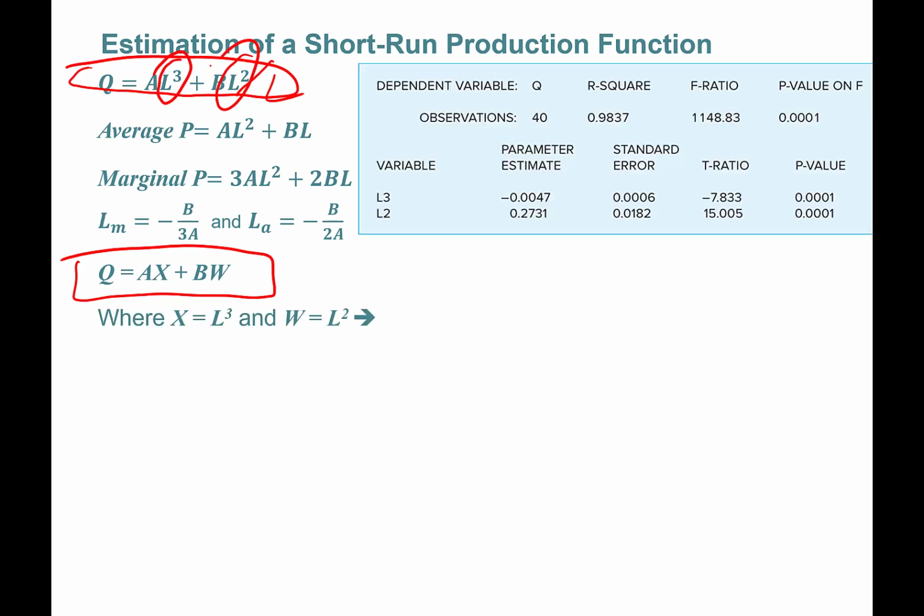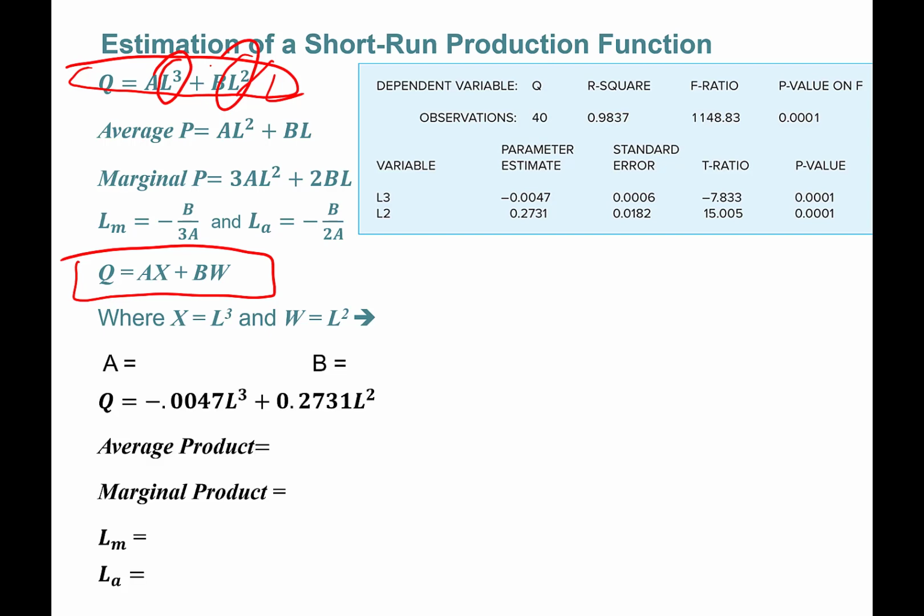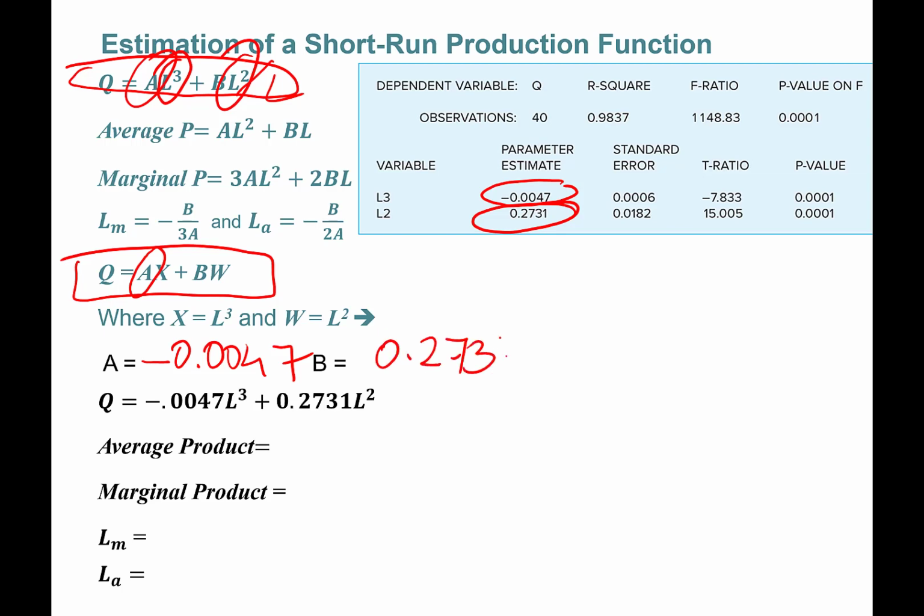If you estimate this regression, these are the results you get, right? And what is A here? A is the parameter estimate of L raised to the power 3, so negative 0.0047. What is B? It's the coefficient estimate of the L squared, 0.2731. Okay, that's nice. So if we write the production function, it looks like this.